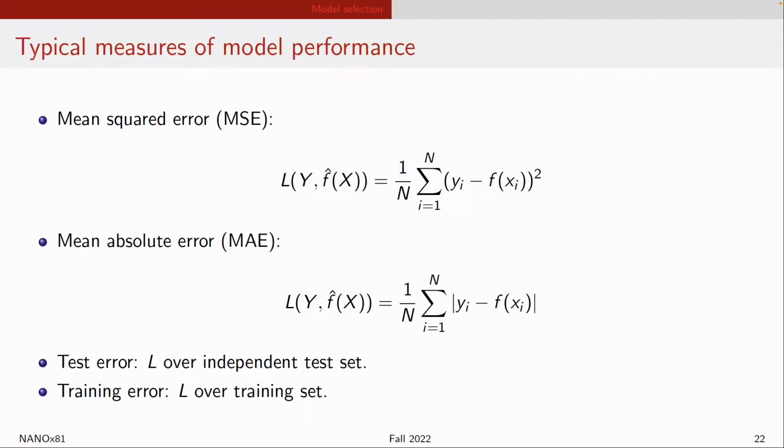Now, there are different ways of measuring model performance. You have already seen one of them, and that's called the mean square error. For the mean square error, the loss function is basically just the sum of the squares of your prediction versus observations, and you take the average of that. Another common measure of model performance is called the mean absolute error.